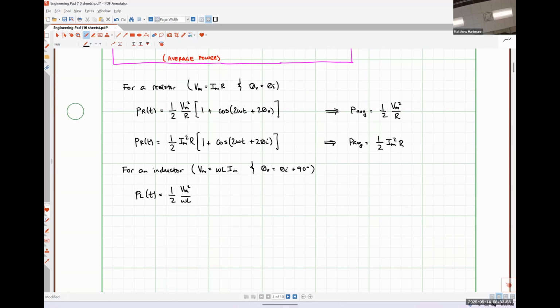What's the cosine of positive 90 degrees? 0. So that tells us that on average, an inductor does not absorb any average power, okay? Or the average power is 0. So exactly half of the time in a sinusoidally excited system, our inductor is absorbing energy, and exactly half of the time, that inductor is sending that energy back towards the source.